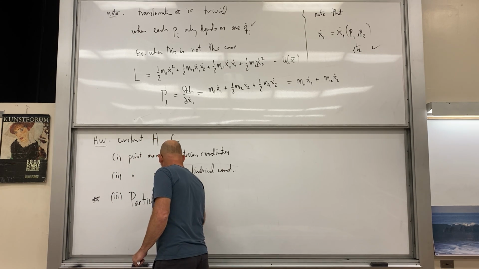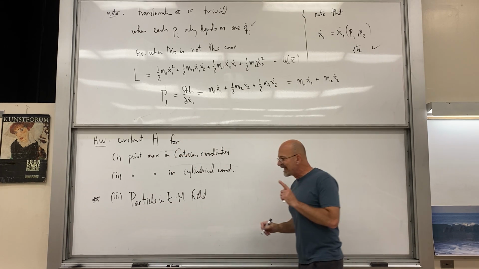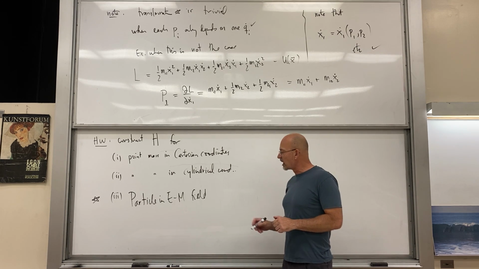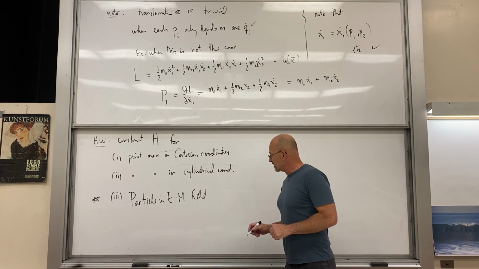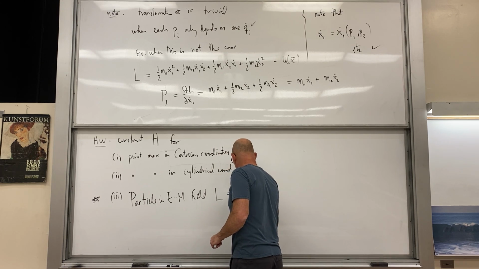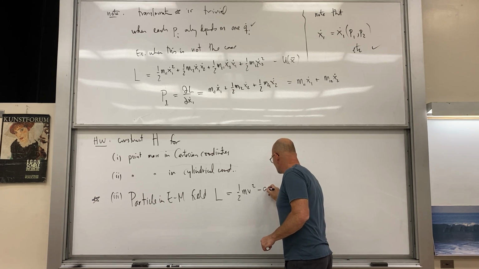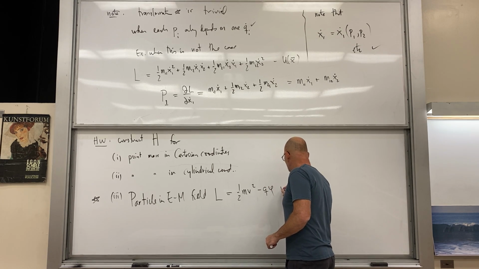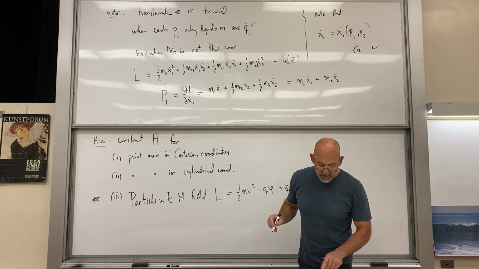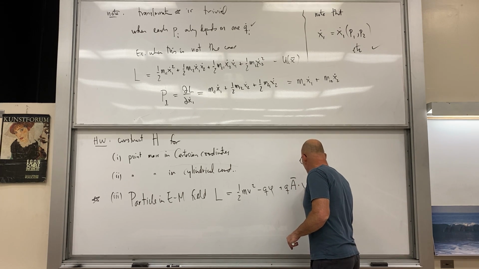Particle in electromagnetic field. And as you'll recall, we had the Lagrangian already for the particle in the electromagnetic field, and we want to get the Hamiltonian. So we have L equals 1/2 m v squared minus q phi plus q A dot v, right?